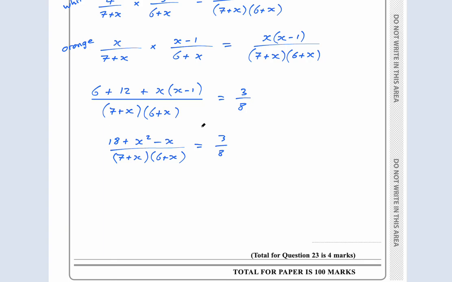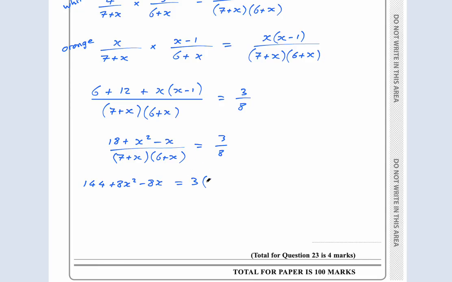Cross multiply, so 8 times this, so 8 times 18 is 80 plus 64, 144. 144 plus 8x squared minus 8x equals 3 times this. I'm going to multiply this out, guys.